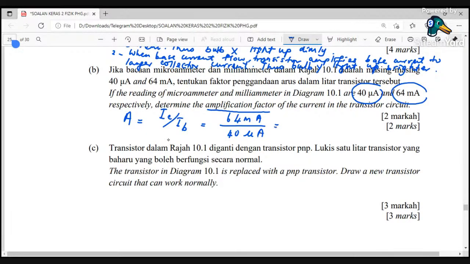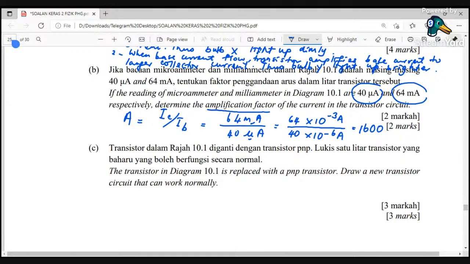So what you do, you need to change the unit to the same unit. So you can remove the prefixes. So 64 milli, 10 to the power negative 3 ampere, divided by micro. Micro is 10 to the power negative 6. Okay, you simplify, you will get the answer 1600.